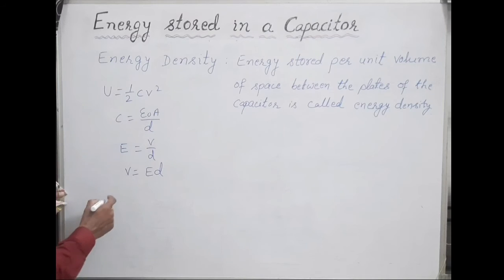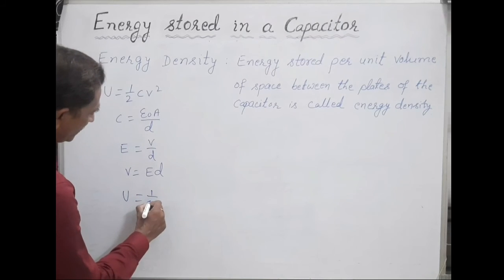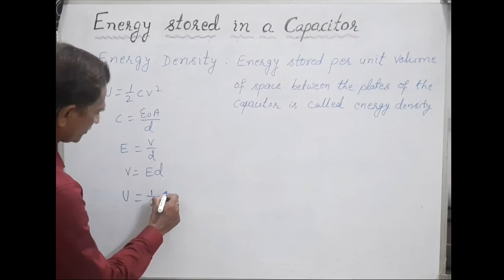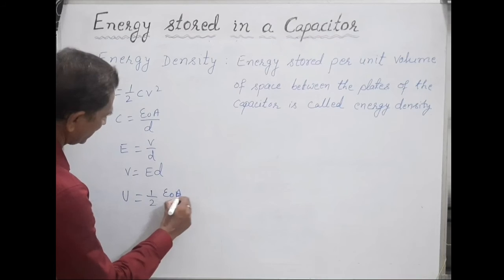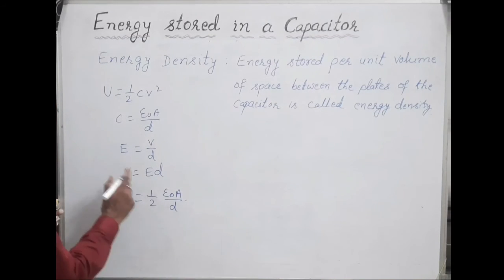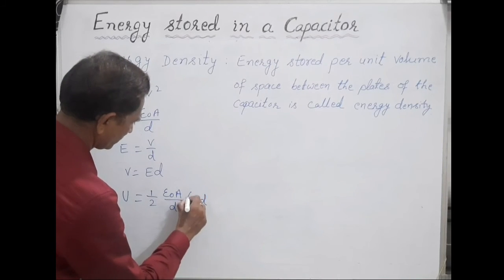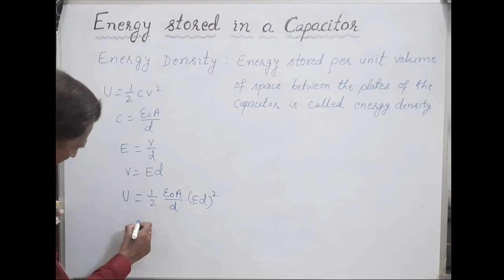Putting the C value and E value in the above equation, half C is equal to epsilon naught A divided by D, and V is equal to ED whole square.